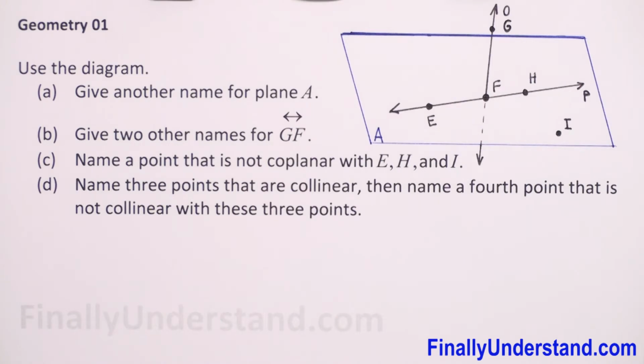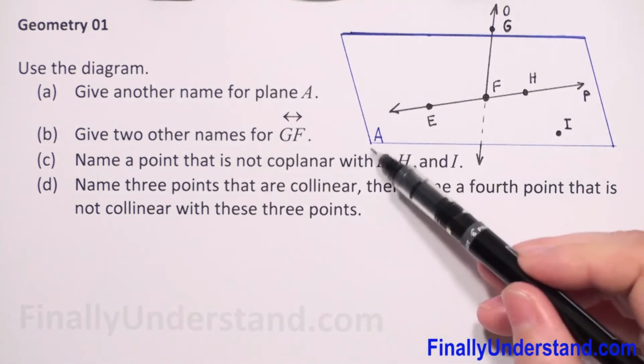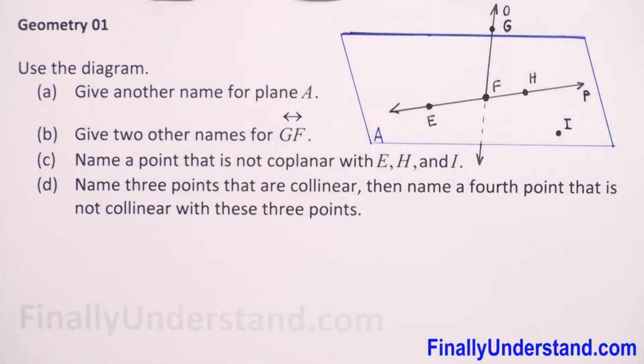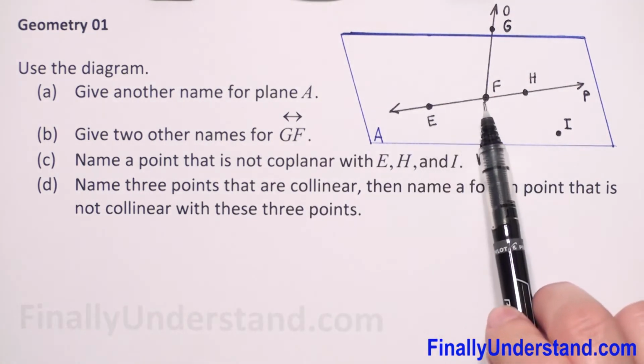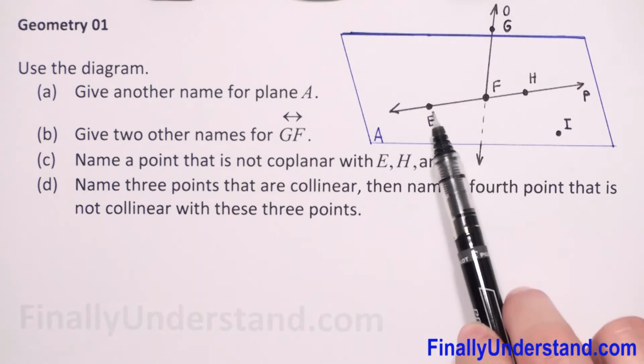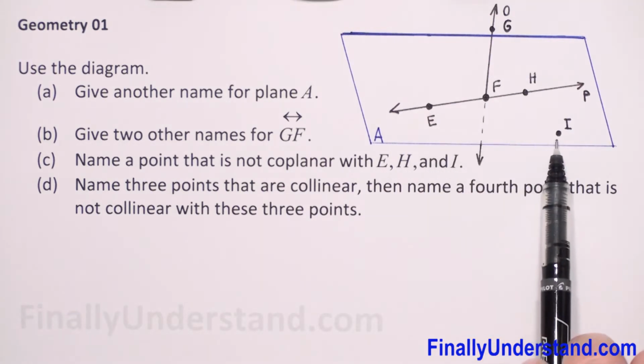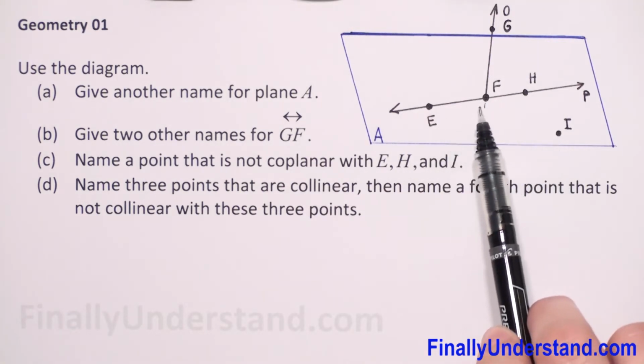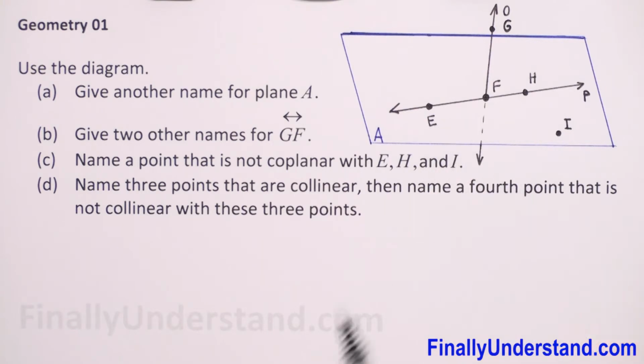So in our example, our plane A, we can name by, for example, E, F, I, because these 3 points are not on the same line.